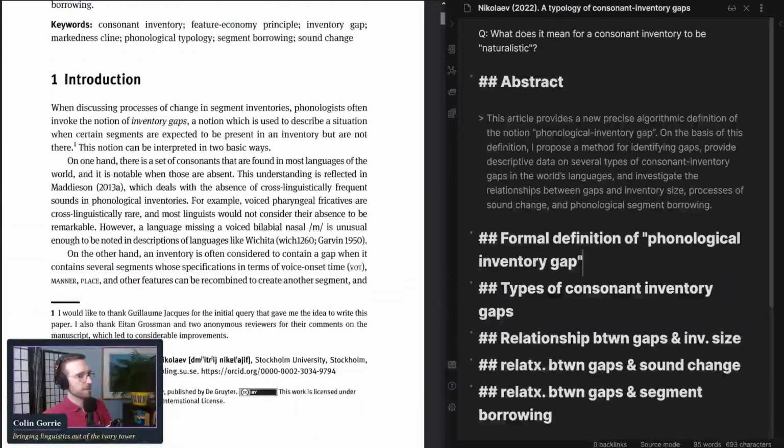We see the job of the introduction is kind of to set the stage, situate the question. Why is this important? So why are we supposed to think this is an important question? It's because on the one hand, there's a set of consonants that are found in most languages of the world, and it's notable when those are absent. So why does a theory of typology care?